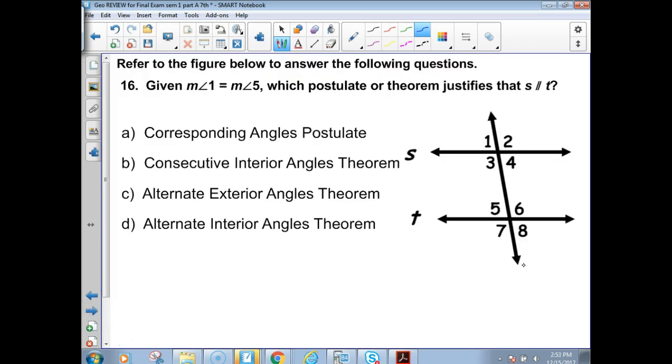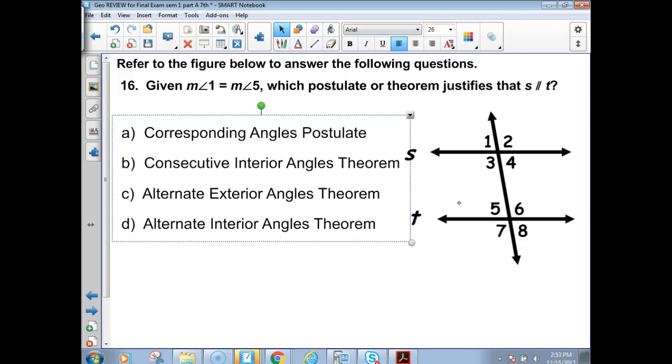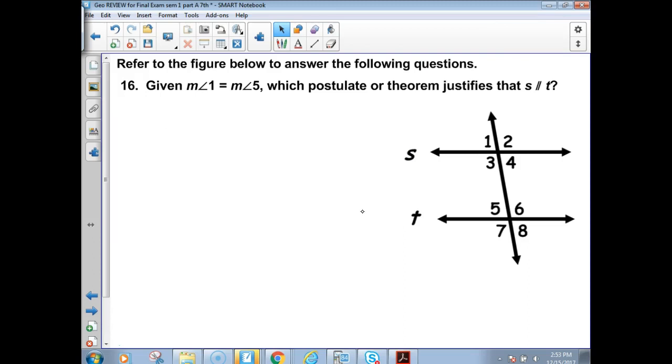Okay, 16 says refer to the figure. I believe you don't have this, right? Do you not have the multiple choice stuff? Okay. No, don't. I don't like those answers anyway, because they're not right, and I'll explain why. If you're given the measure of angle 1 congruent equals the measure of angle 5, what postulate or theorem justifies that S is parallel then to T?